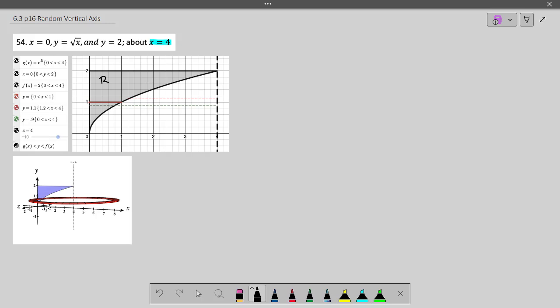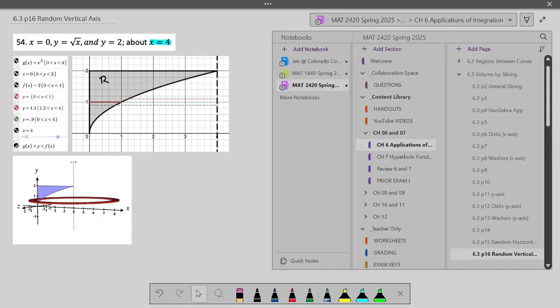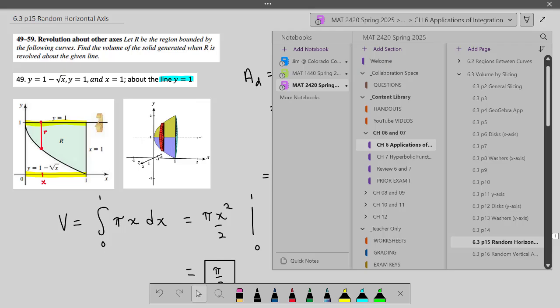Now here, different from the last problem, we have a gap. Right? There's a gap between the axis of rotation and the region. When we look at the prior one, there's no gap, right? This region is touching the axis of rotation, so the cross sections are going to be disks.